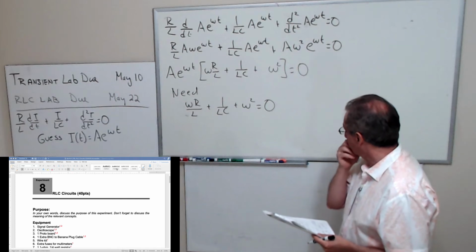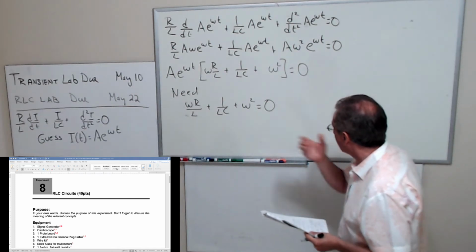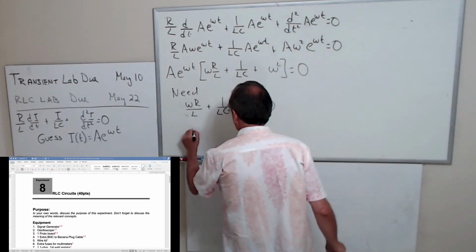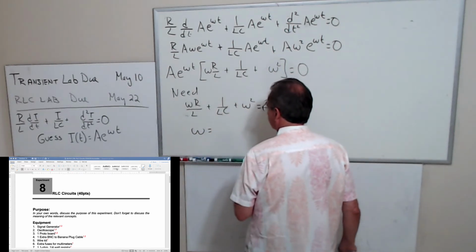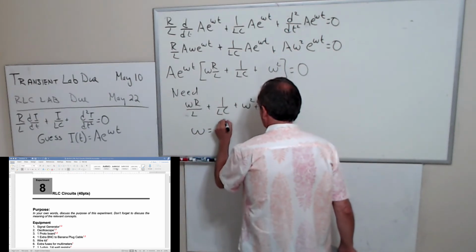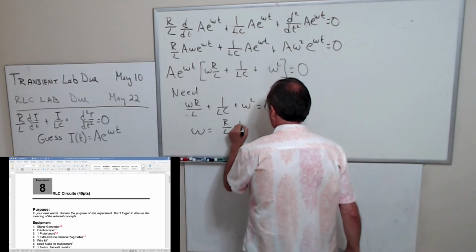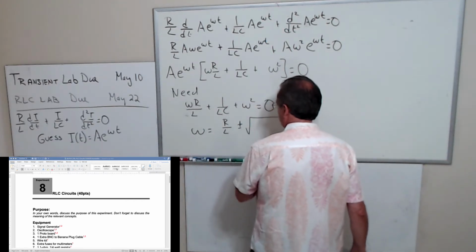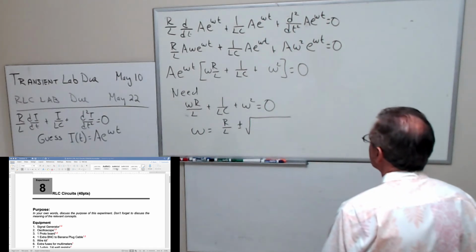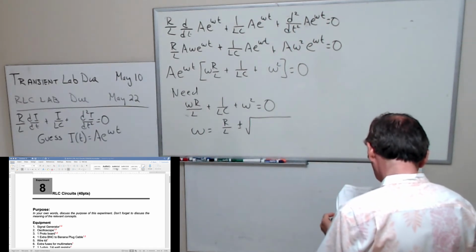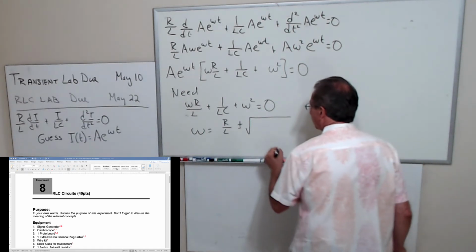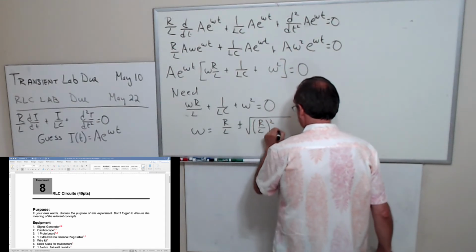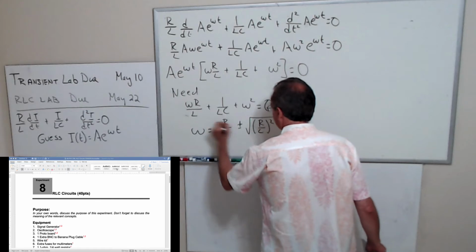What's omega? Well, to figure out omega, I have to use the quadratic formula. Did I drop a sign? Did I drop something? No, we're okay. Never mind. Should that be minus R over L? Yes, thank you.